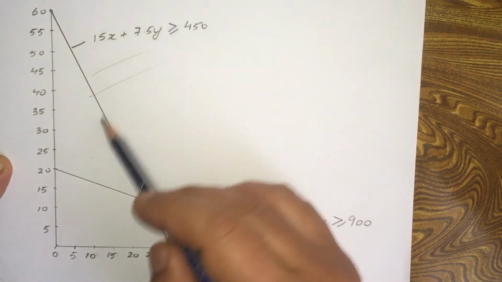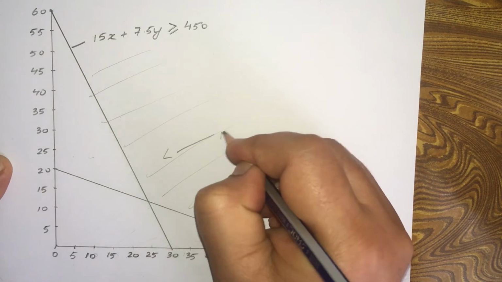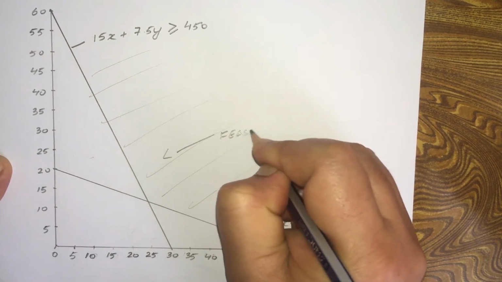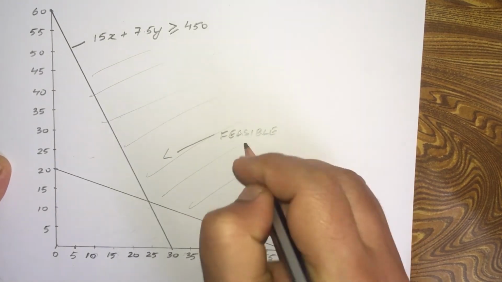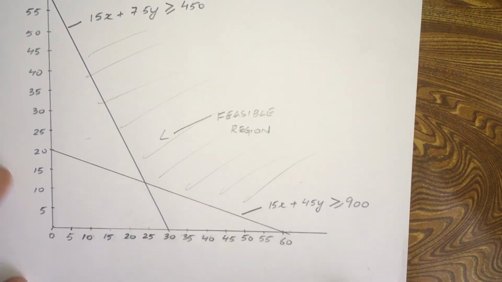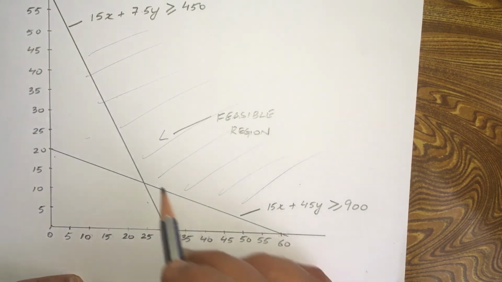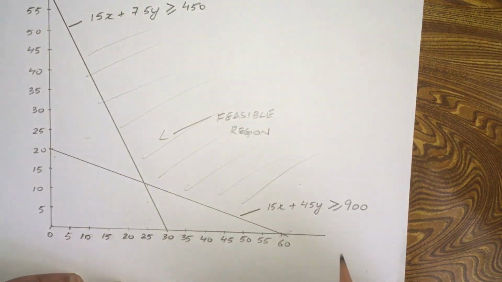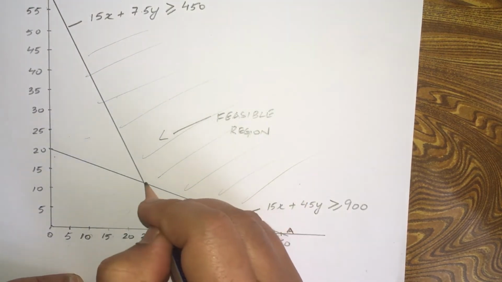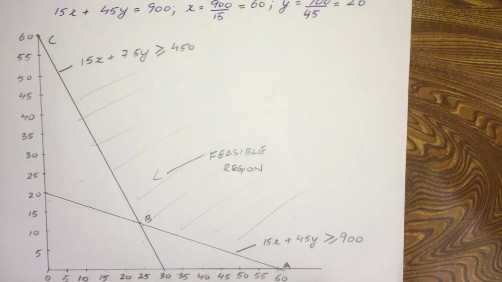So this would be your feasible region. And your extreme points are these, not these. These are your extreme points, 1, 2, and 3. So let's call this A and say this is B and this one is C.